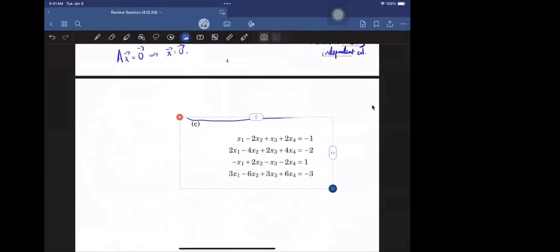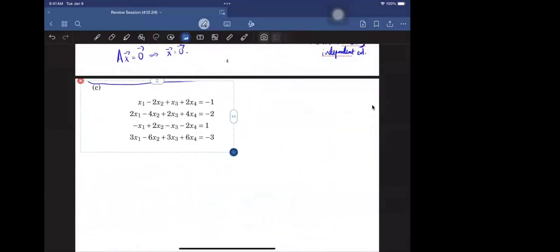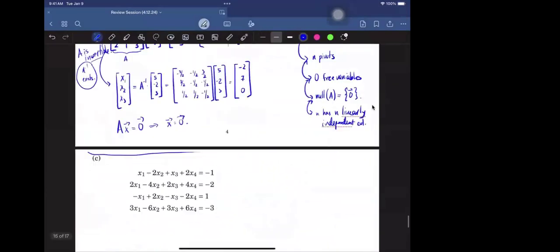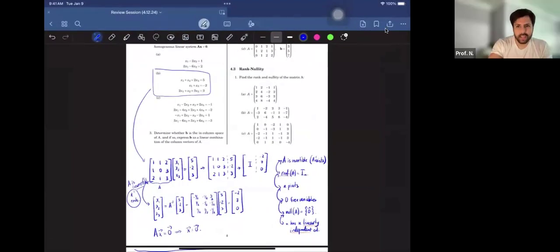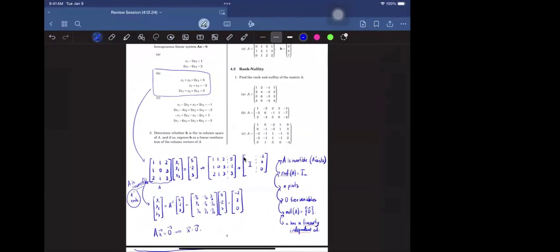You want one solution? So what's the answer for B? Because I said in the review sheet the same answer as A. Same answer as A? Does it have the same answer as A?